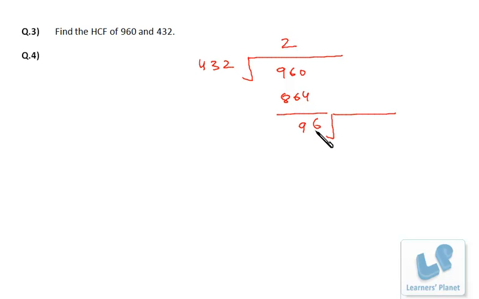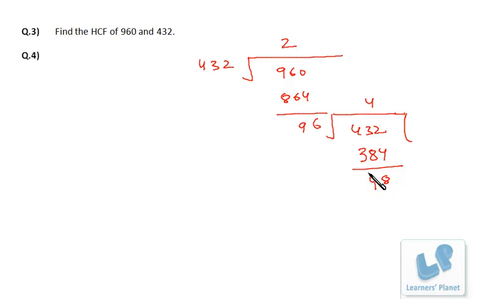Now next step, we divide this divisor by this remainder, right? So we divide 432 by 96. Now 96 4 times is 384, right? So 432 minus 384 is 48.